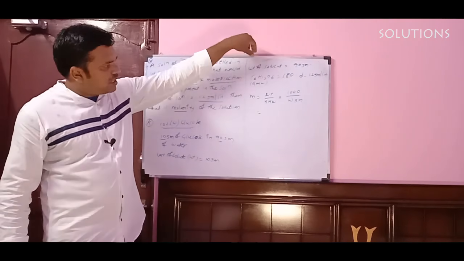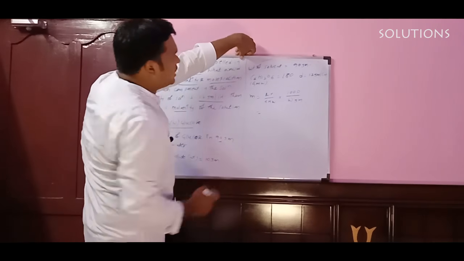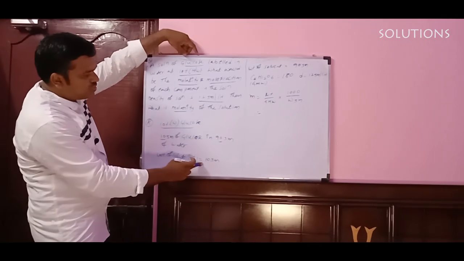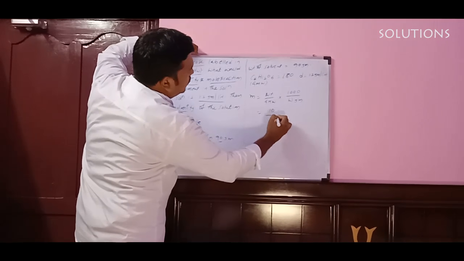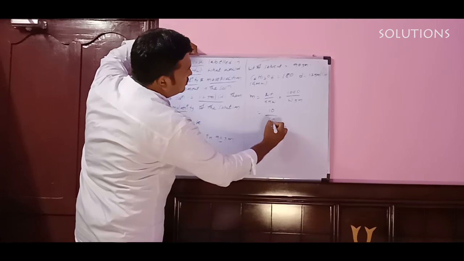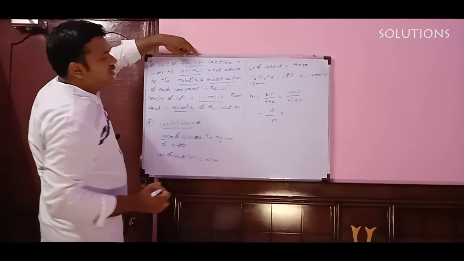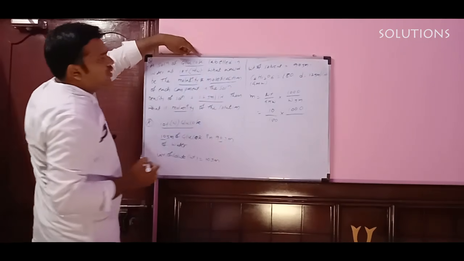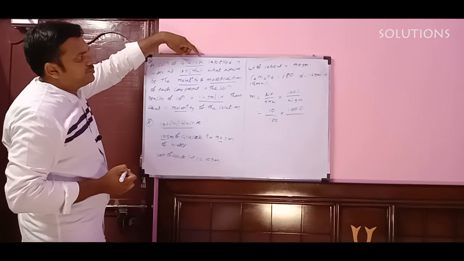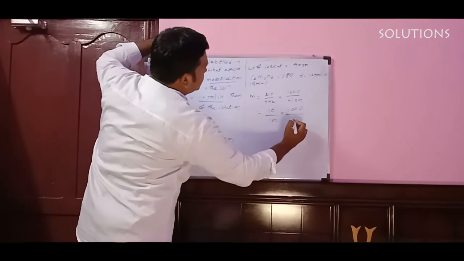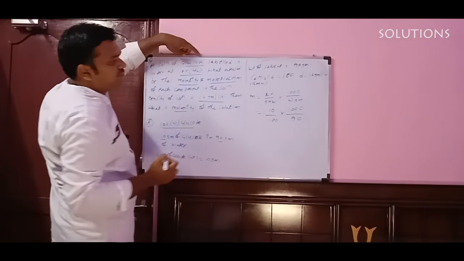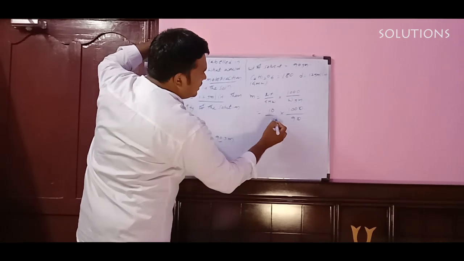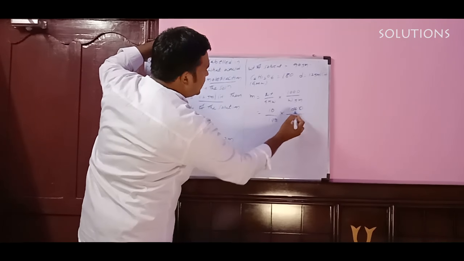The weight of solute is 10, the gram molecular weight of solute is 180, into 1000 by the weight of the solvent, which is 90 grams. So here 0 cancels, and here 0 and 0 cancel.